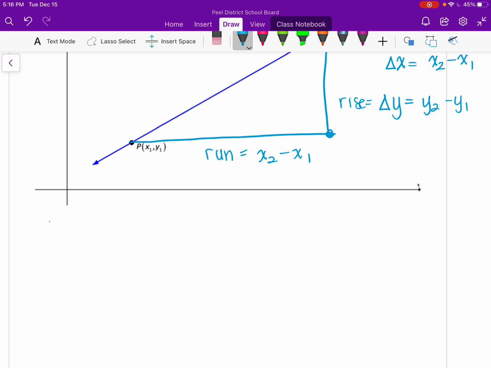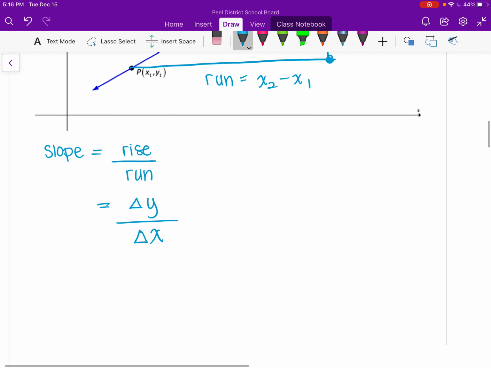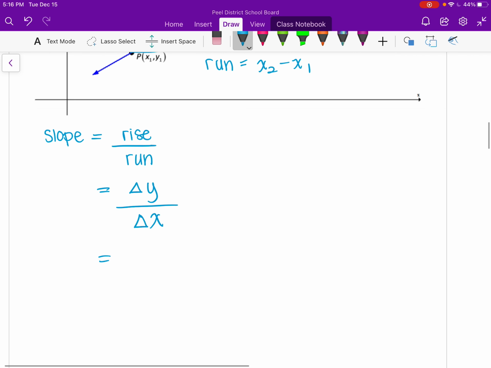So if I know that slope is equal to rise over run, and I know that rise is equal to delta y and run is equal to delta x, I also know that slope is y2 minus y1 over x2 minus x1, because that's a change in x.